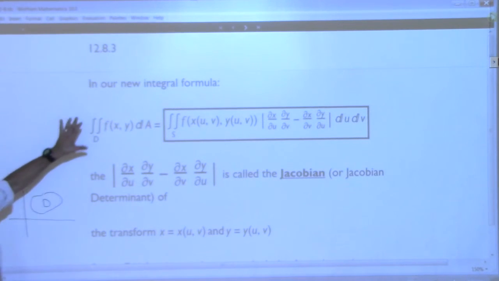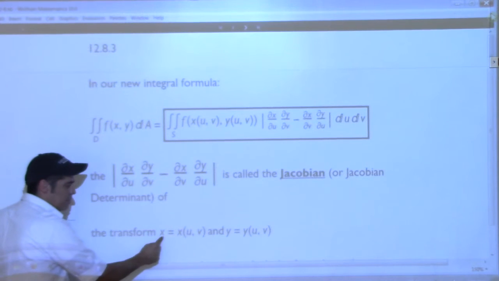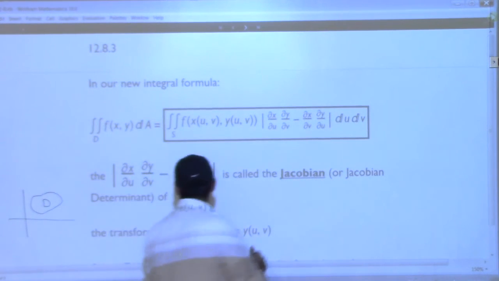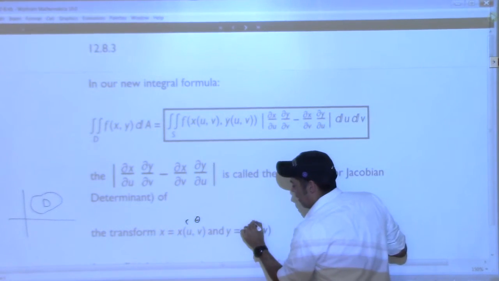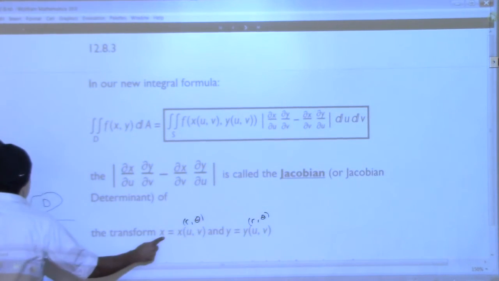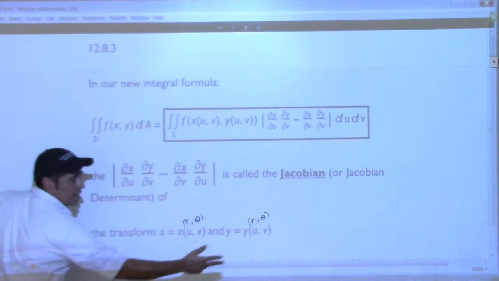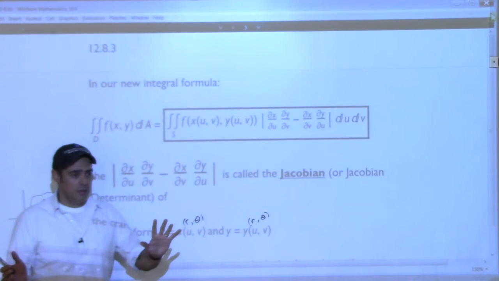This says that if you want to make a change of variables where your x is going to be some function of two new things. Now we've used r and theta here for polar, haven't we? And this would be like r and theta. The x is going to switch to some function of r and theta, and the y is going to switch to some function of r and theta. But in general, it didn't have to be r and theta. It could be any change.